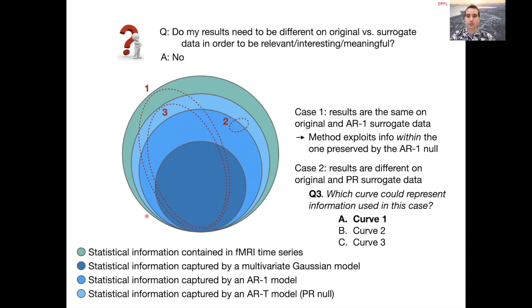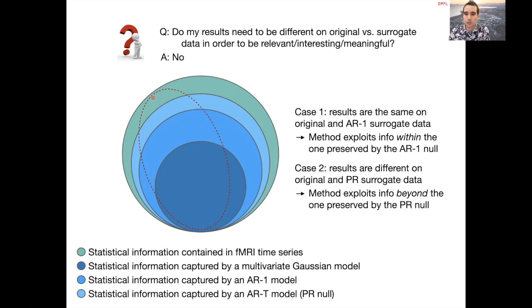And so the correct answer is curve 1, because it's the only one that exploits information contained in this part of the remaining original statistical properties, represented in green and beyond the PR statistical information. It does not mean that it's only exploiting this. It means that it's at least partly exploiting nonlinear or non-Gaussian features, as the PR null can be framed as preserving linear and Gaussian features.